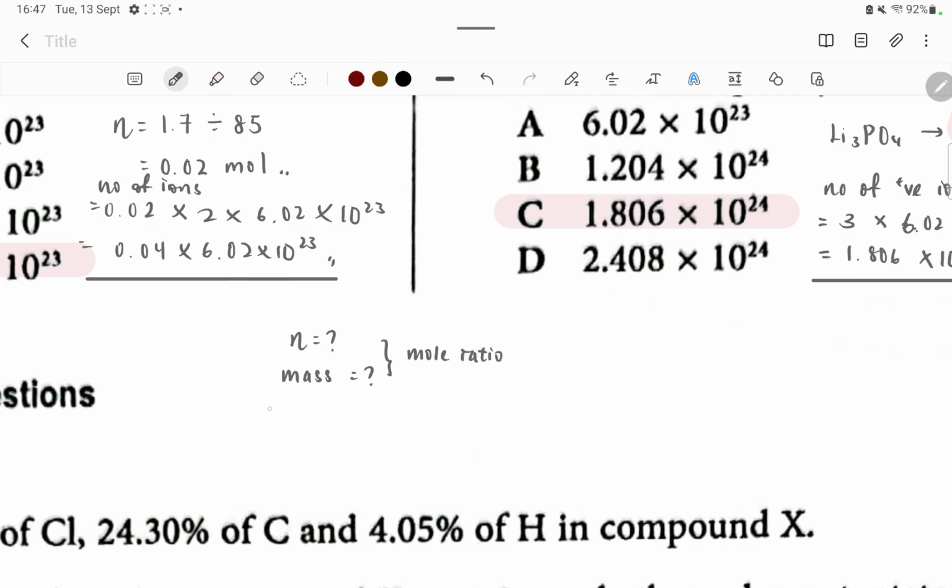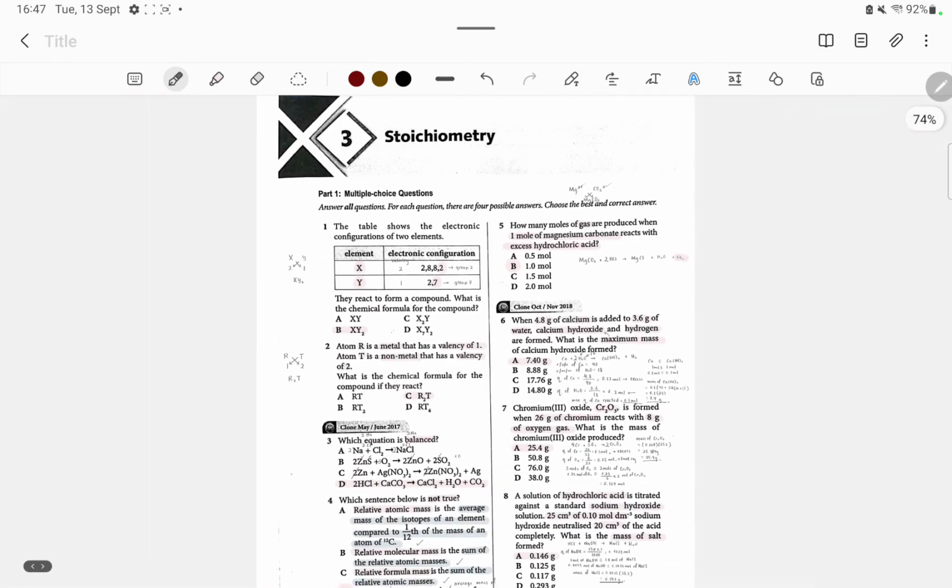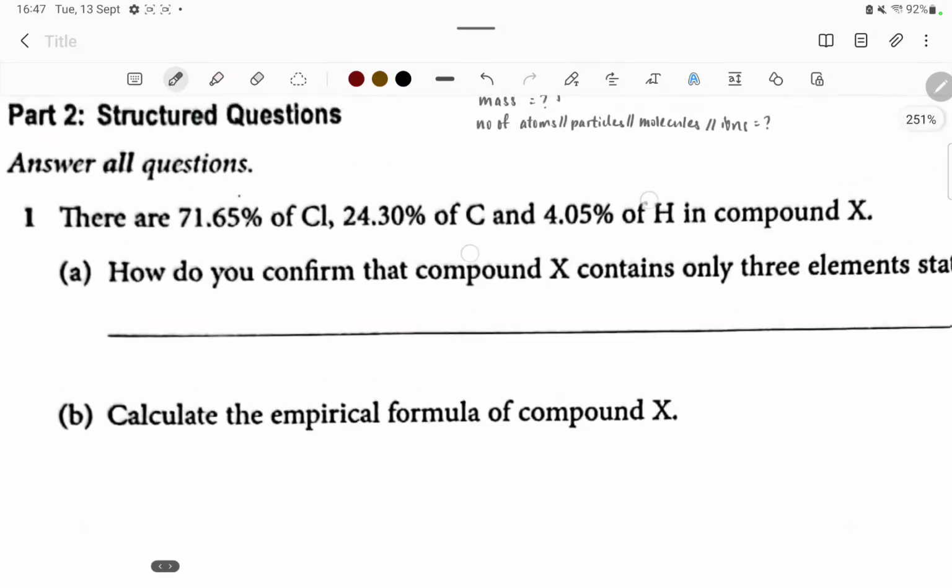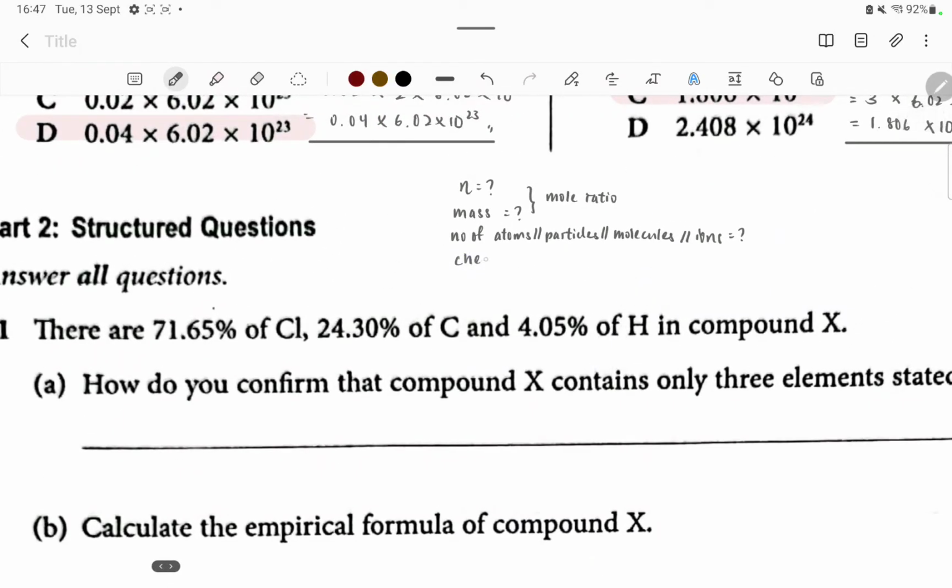And then you have to know how to find the number of atoms or particles or molecules or ions. And then what else? Need to form chemical formula. Know how to balance equation.